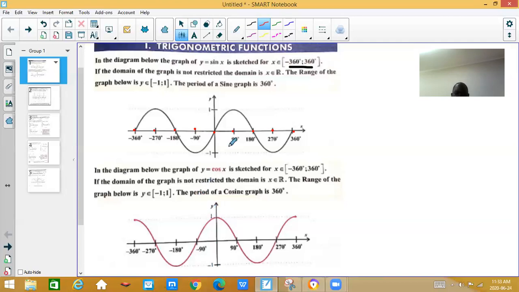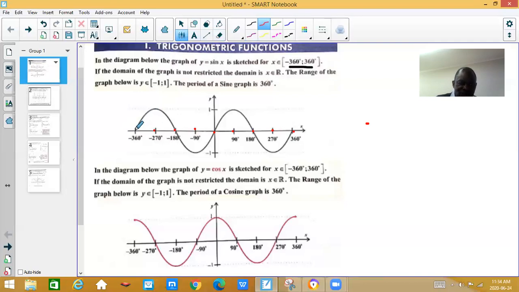Now, after this has been sketched, we want to look at the periods. When we are talking about the periods, we are saying if our graph starts here, where we have a complete revolution, the graph is still new. You can take it from anywhere.